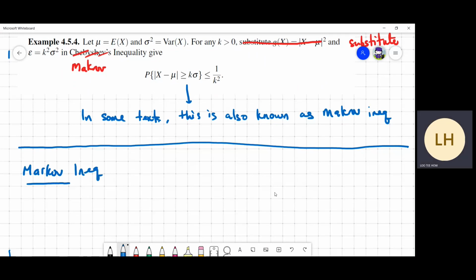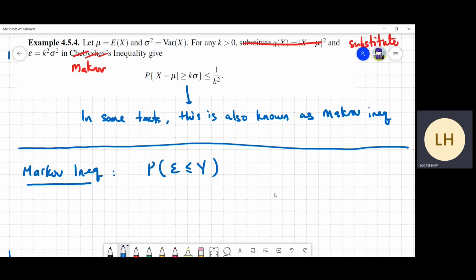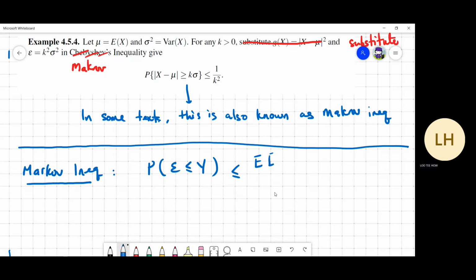Markov inequality: P of y greater or equal to epsilon is always less or equal to E of y over epsilon. So this is Markov inequality.